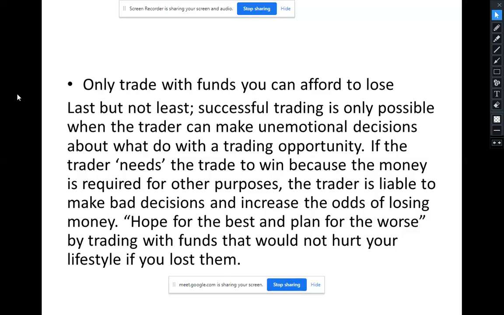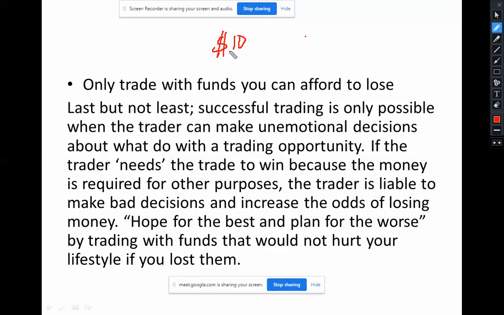If you can't afford to lose $50, then don't trade. A lot of people nowadays, when they have $10 in their trading accounts, their investment amount is going to be $1 per trade. So if their investment amount is $1 per trade, it means they are risking $1 on every trade.